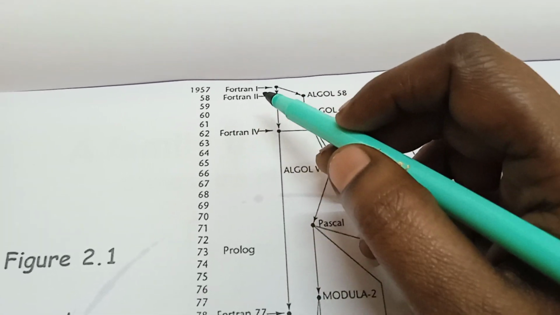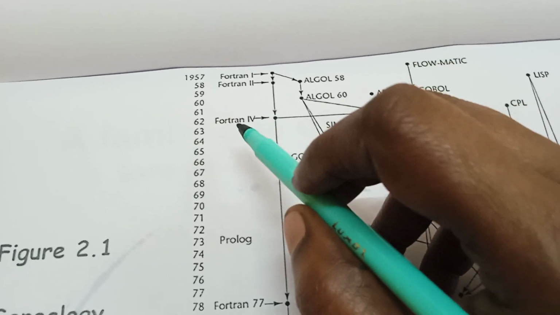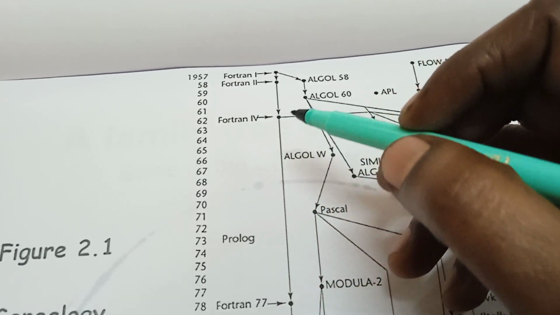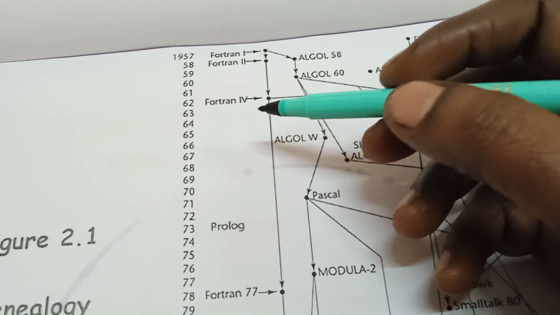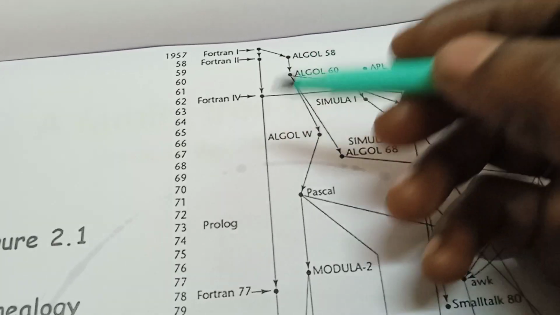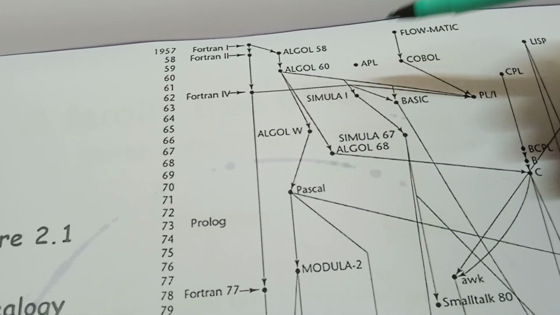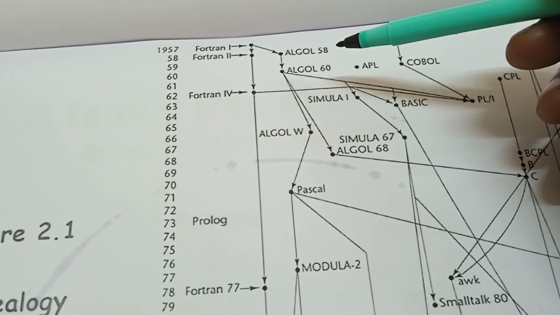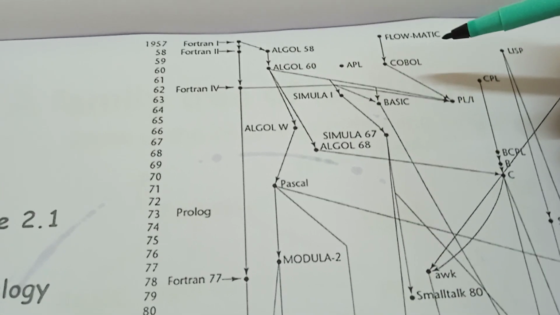After some changes, we called that Fortran fourth version. Fortran fourth version is the language where you can write programs to solve mathematical applications, weather forecasting, and such sorts of applications. And Algol is the basic algorithmic language. Flowmatic is also one of the languages.